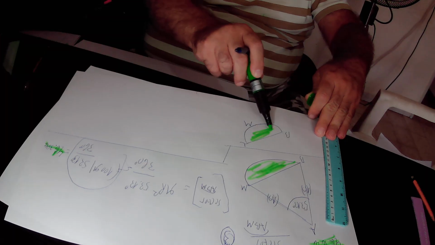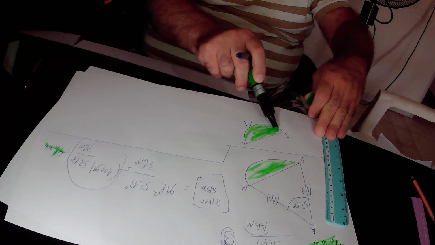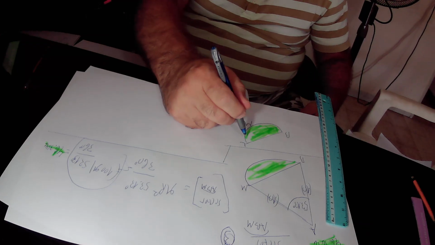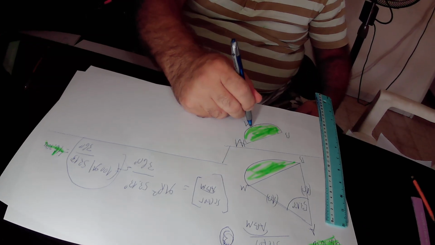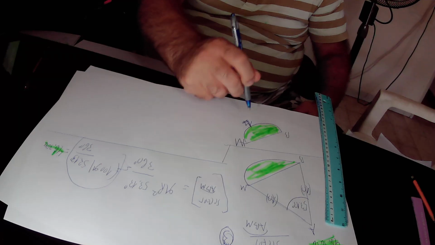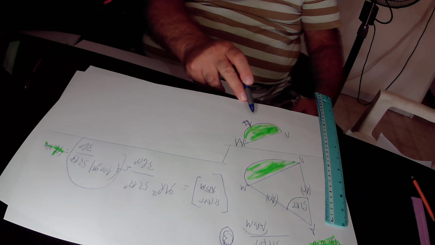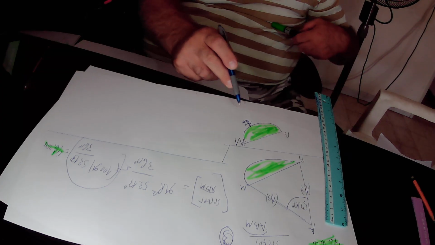This is the lower segment BLM. What is the area of the lower segment BLM? The green shape is the lower segment BLM. So what is the area of this lower segment BLM?